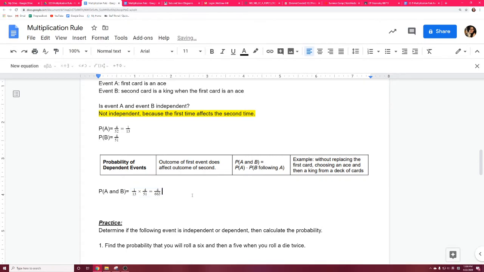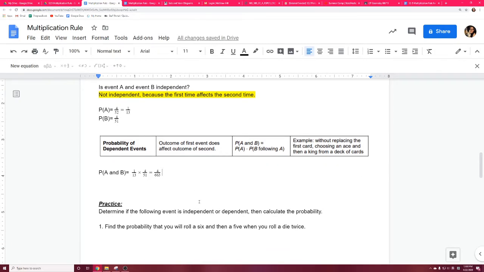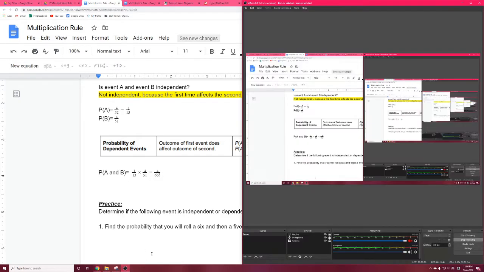Okay, so over here, that's how you get your probability. Let me give you a summary here. At this point, you should be able to figure out what is independent, what is dependent, and how to determine if two events are independent or dependent.